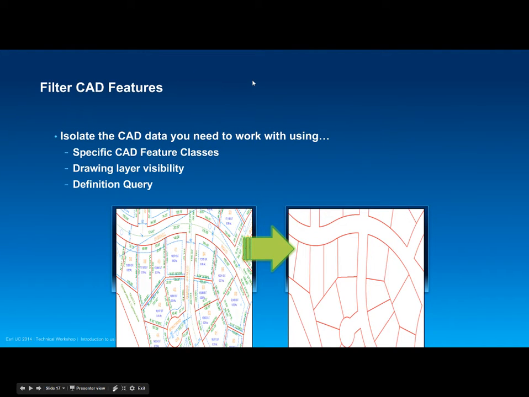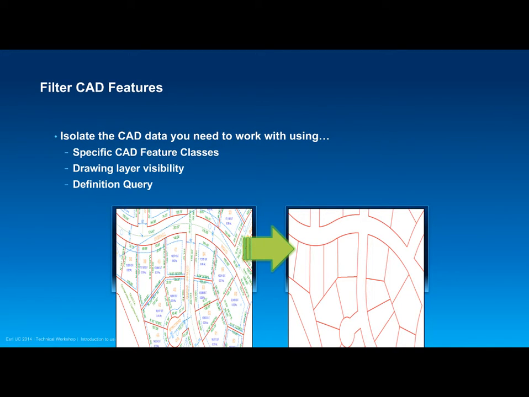So when we filter CAD features, we're essentially isolating the CAD data that we need to work with. So we pull out specific CAD feature classes. Again, we can do it by drawing layer visibility, definition query, or select by attributes. And oftentimes, once we get this part of the layer isolated, so it's just showing parcels, we'll export those to a feature class in our geodatabase, and we'll call it parcels.